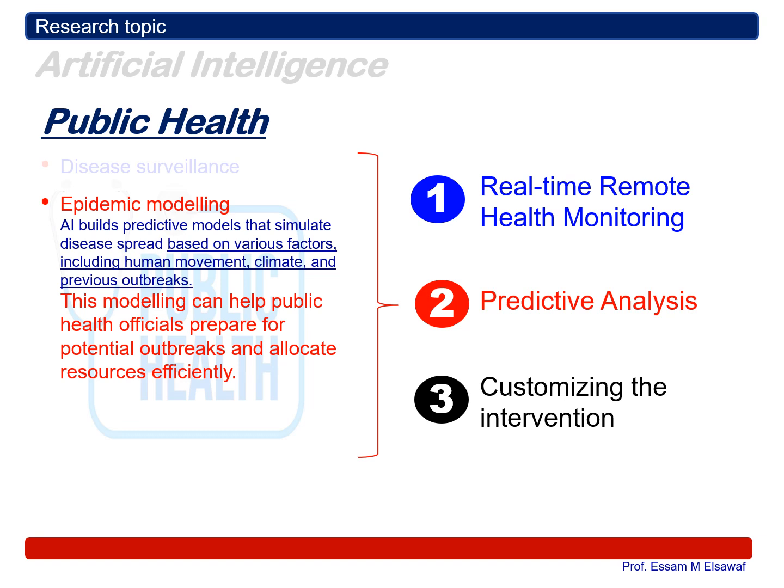Is it cold? Is it hot? The high temperature or high humidity? And any previous outbreaks in such areas. This modeling can help public health officials prepare for potential outbreaks and allocate resources efficiently.